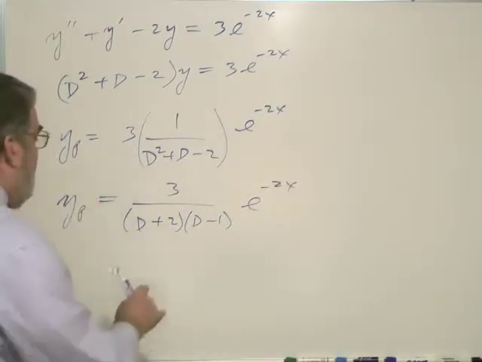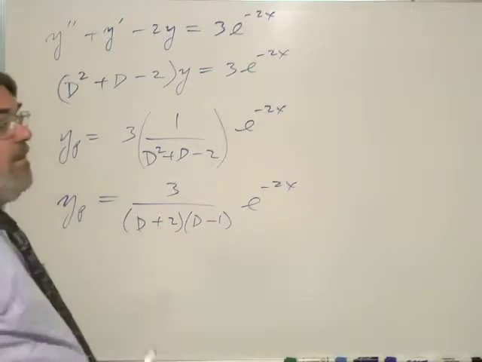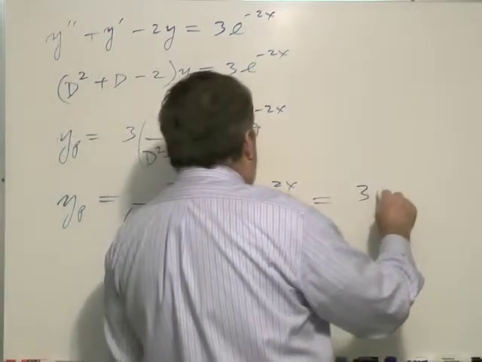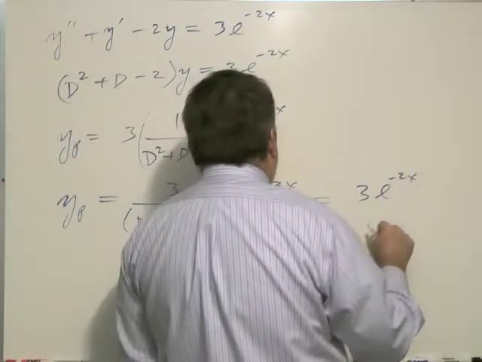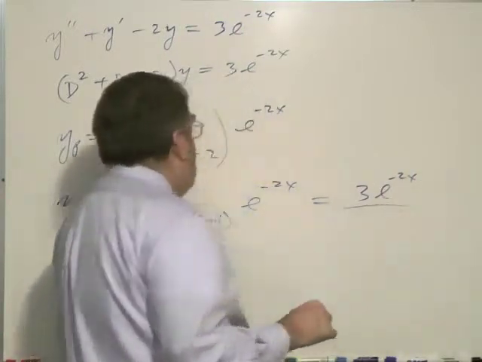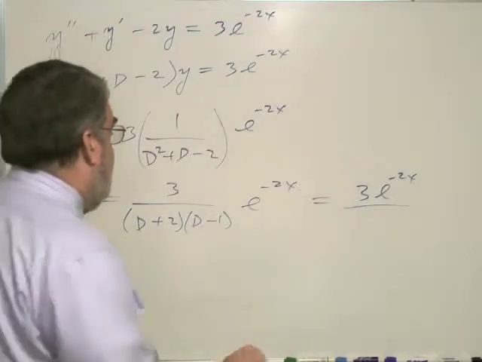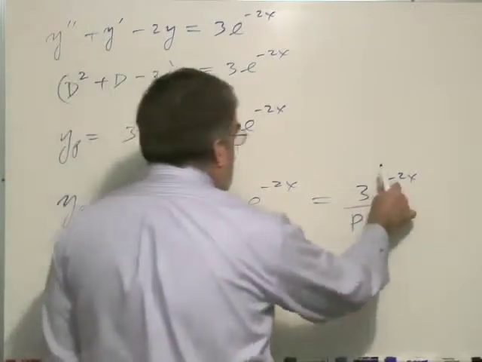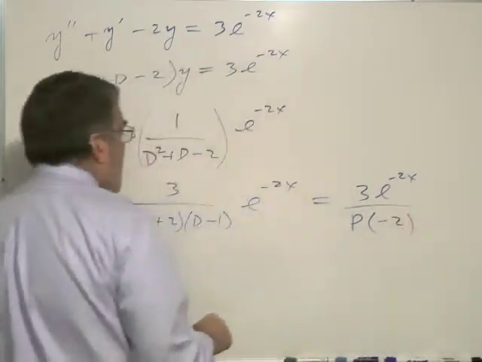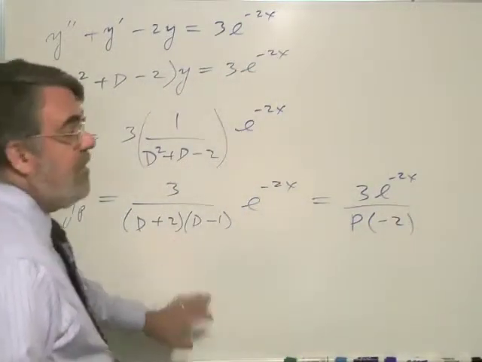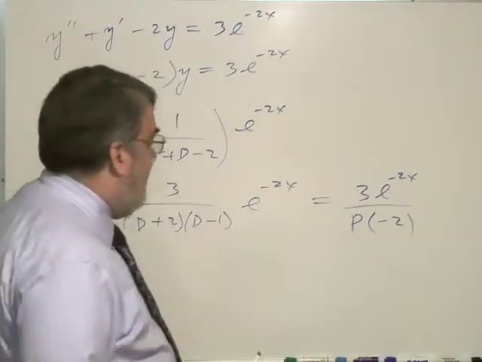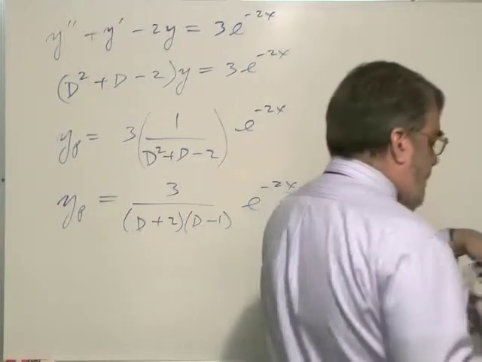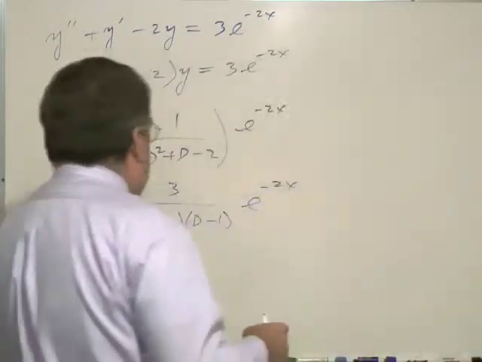And here's the issue. You see, minus 2 will cause division by 0. If I just went ahead and applied that one theorem that we've seen before, then this would be the polynomial operator on negative 2. And when you plug it in, you're going to get 0. You get division by 0. So that method does not work. Okay, well, then we need some kind of alternative here.